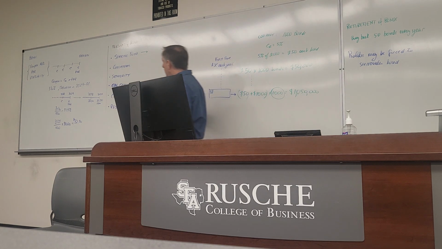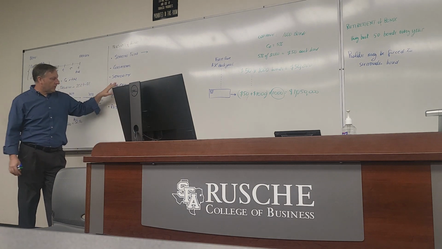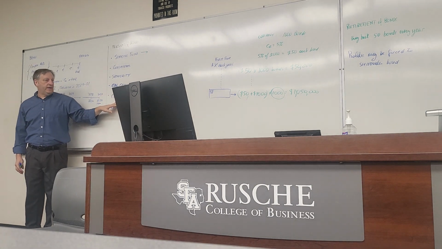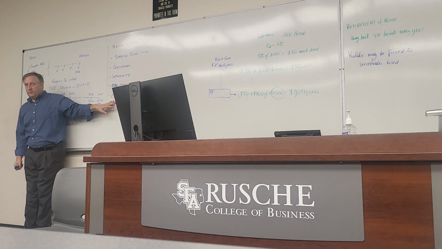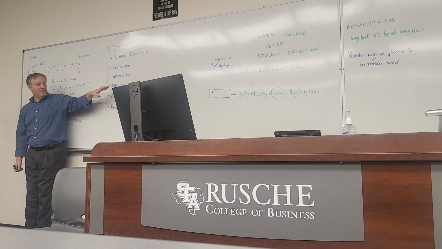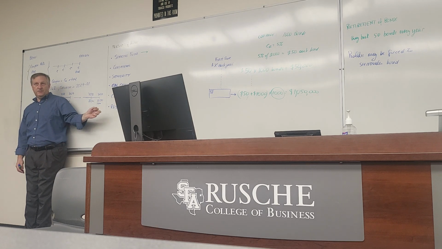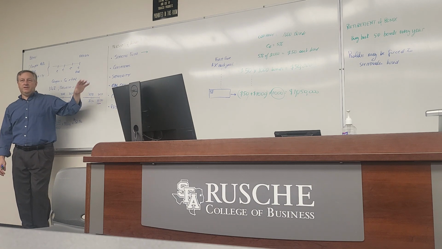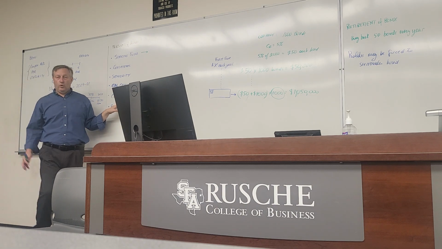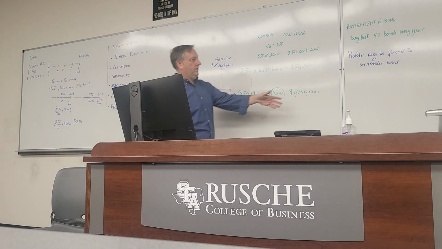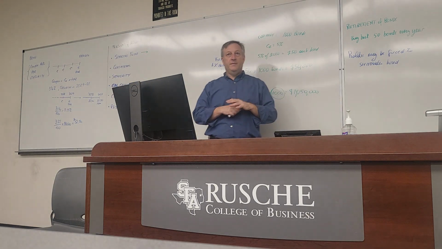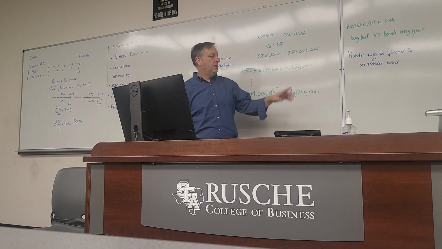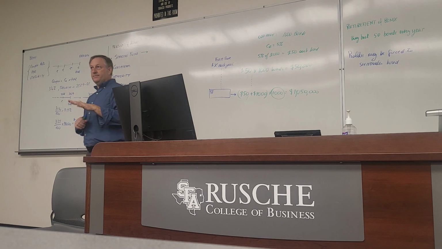The call feature, we're going to talk about that in a second, and that is completely at the discretion of the issuer. And typically, when an issuer exercises the call feature, it will result in a clear loss for the investor. So that's pretty much the difference. For the call feature, all the bonds are going to be called. This one is only 3 or 4 in a year, if nobody's willing to sell them. Okay, does it make sense?